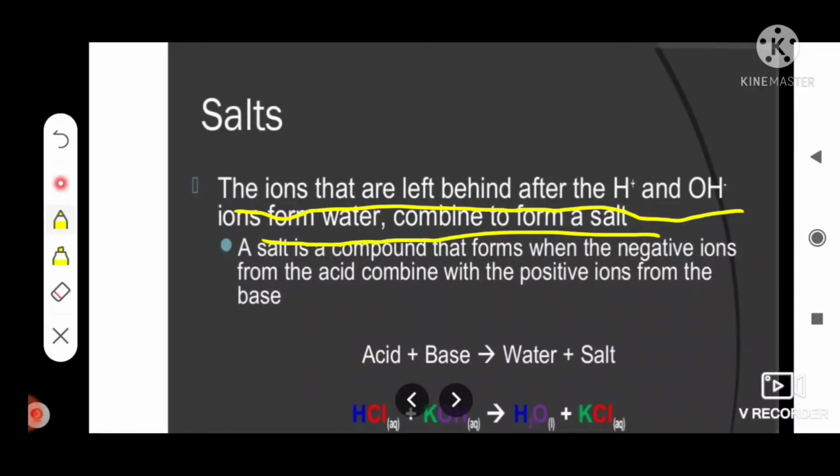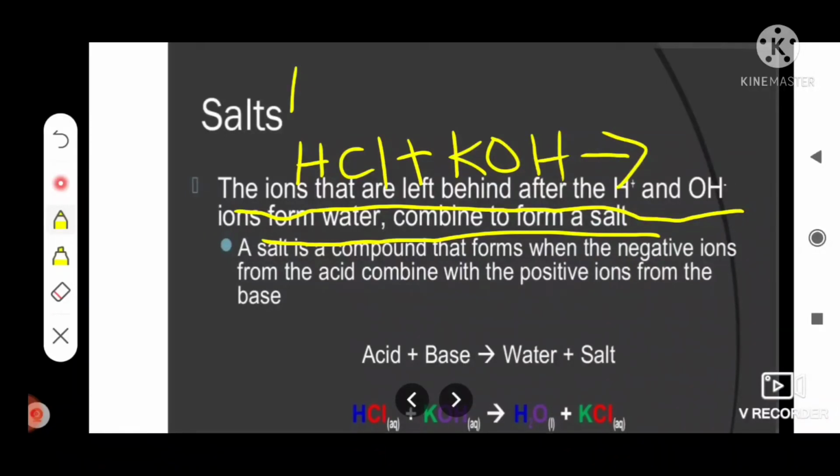A salt is a compound that forms when the negative ion from the acid combines with the positive ion from the base. For example, HCl plus KOH. HCl is an acid and KOH is a base.